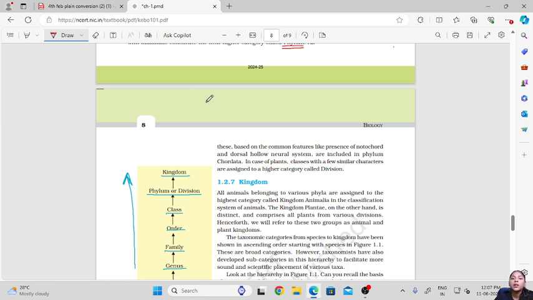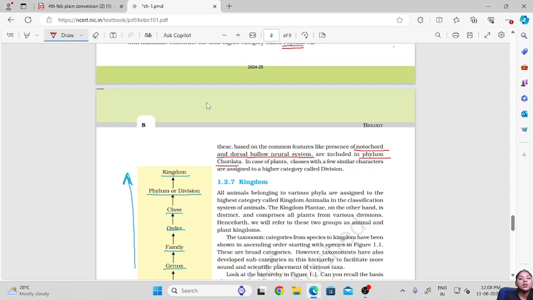Now these are based on the common features like presence of notochord and dorsal hollow neural system. Okay, and they are included in the phylum Chordata. Those organisms which have this notochord and the presence of dorsal hollow neural system will be grouped in the phylum Chordata.